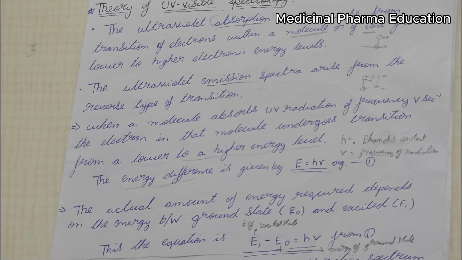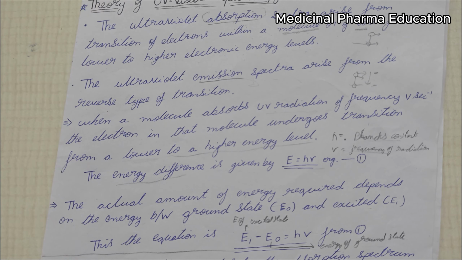The actual amount of energy required depends upon the energy difference between the ground state and excited state. This equation is given by E1 minus E0 equals hv. It's simple. Very simple, guys.